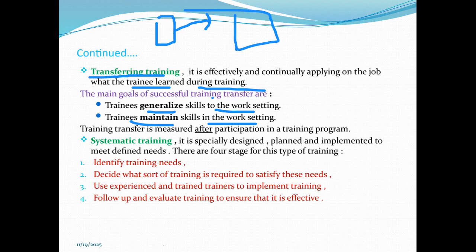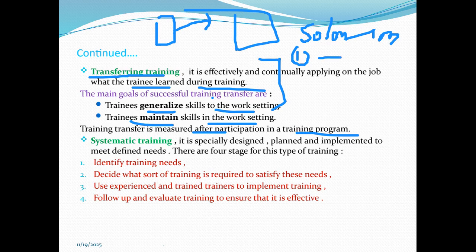Okay, so training transfer is measured after participants complete a training program. There's the Solomon method, which puts forward 4 different ways of understanding whether the training has worked. They might take one group without training and just measure their level of understanding.